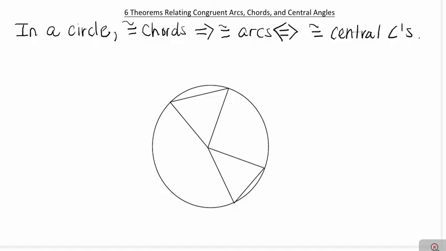And vice versa. The reverse is also true, so I'm going to double side the arrows. So basically all you need to have is one of those 3 things, and then you are allowed to assume that the other 2 are going to be true. So I'm going to label this diagram with some letters here.